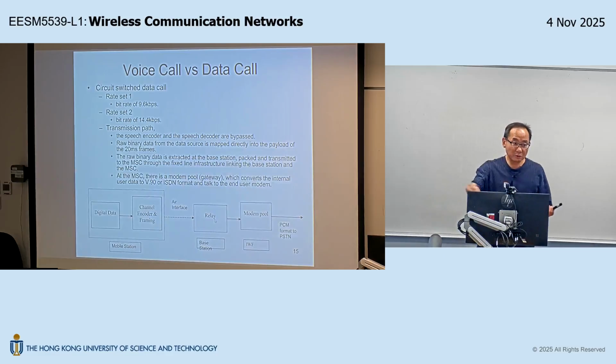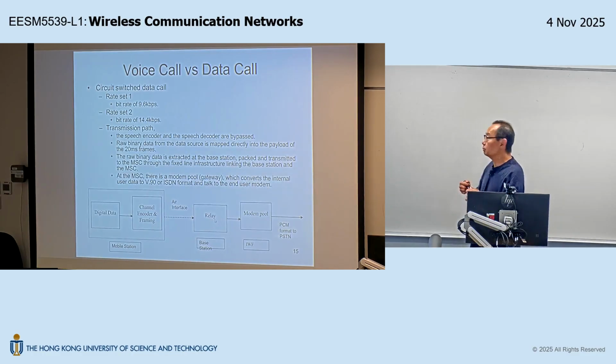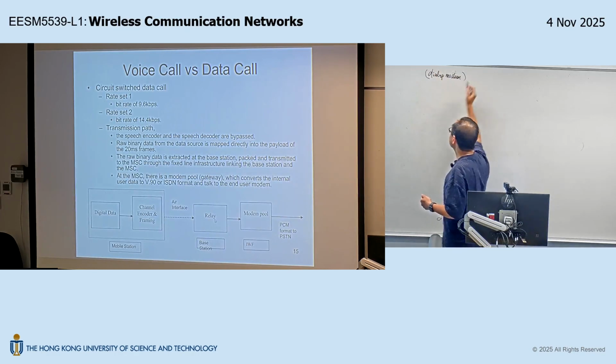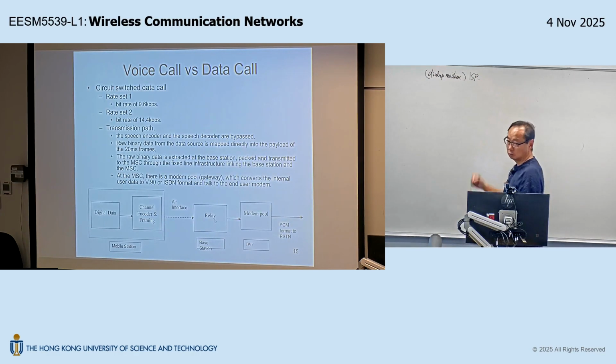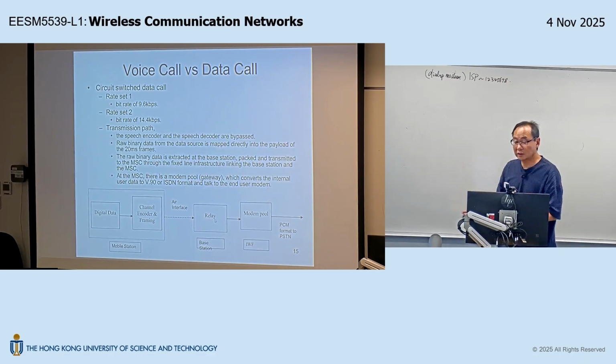Today, you just plug your computer into the Ethernet socket, and then you just get online all the time. But in those days, it's based on dial-up modem. So if you subscribe to an internet service provider, they will just give you a telephone number. Let's say the telephone number is 1, 2, 3, 4, 5, 6, 7, 8. Okay, so that will be the access number to the internet service provider.